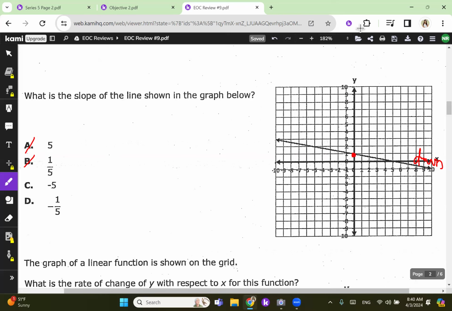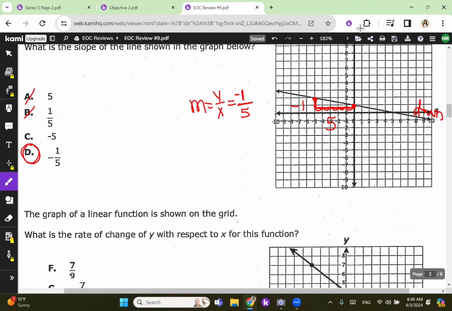Negative 5, 2, or 5, 0. Yes. So you go down and to the right. Slope is y over x. You're changing y over, you're changing x. So you go down 1, making that a negative 1. And you go to the right, how many? 5. So your answer is negative 1/5. Or you can pick 2 points and put it in stat edit.